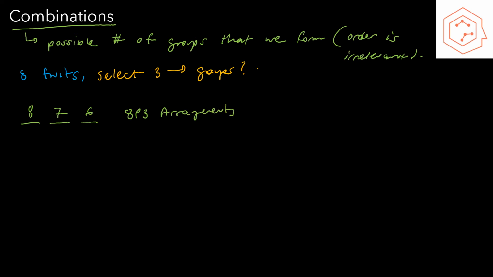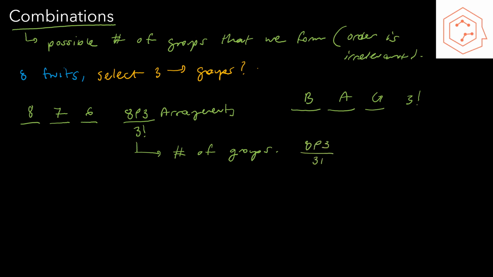If we think about one group, so a group is going to be 3 fruits. So it could be a banana, apple, and grape once again. Each group we said could be rearranged, in this case, since we have 3 objects, 3 factorial times. So if we have 8 pick 3 arrangements and we divide by the arrangements of a single group, which is 3 factorial, we'll get the total number of groups. So in this case, the total number of groups is going to be 8 pick 3 divided by 3 factorial, which is equal to 112 groups.